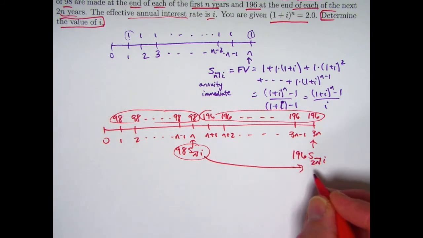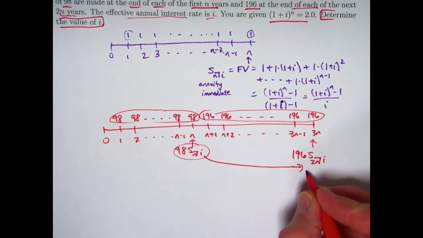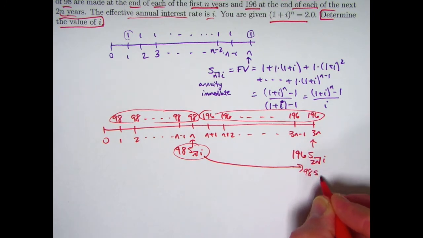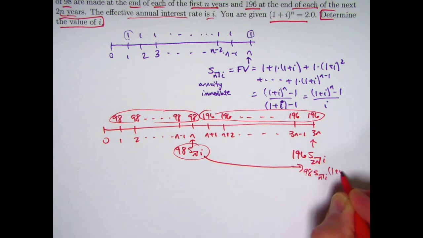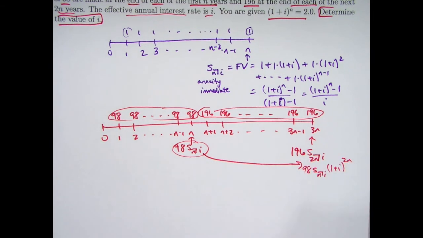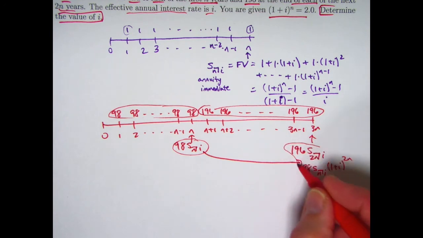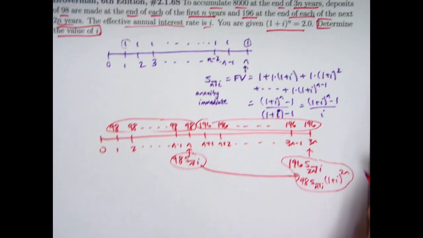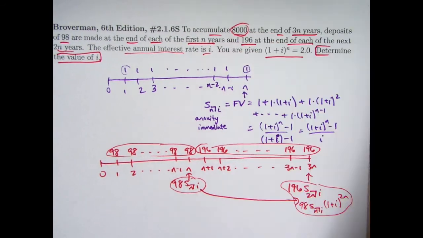Its final future value at time 3n can be written as 98 s sub n angle i times 1 plus i to the 2n. And it's these two things, when added together, that have to give you 8,000.